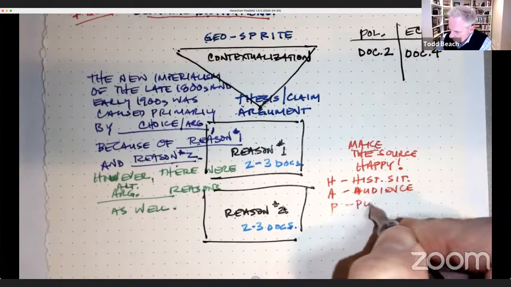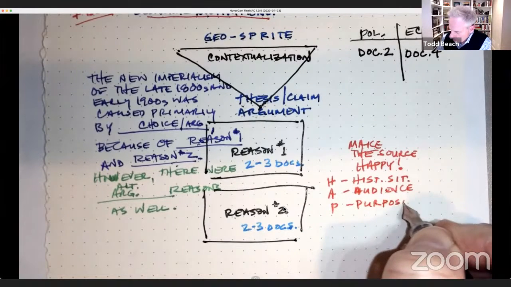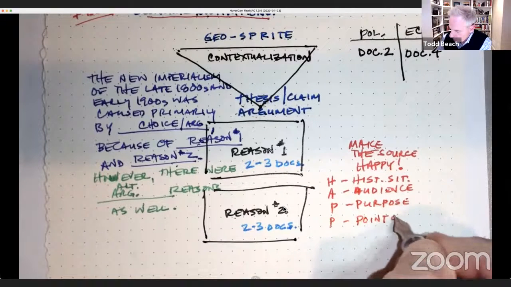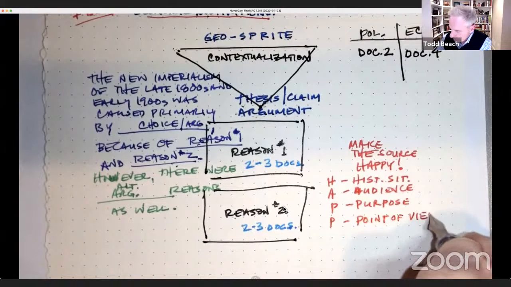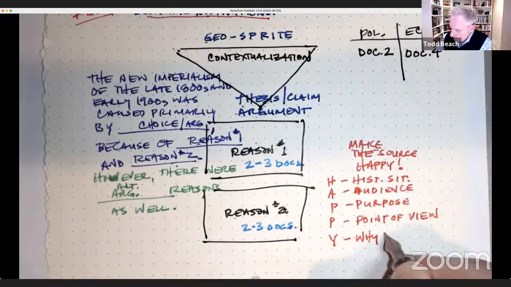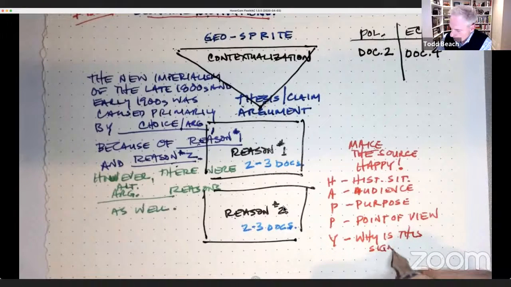P is purpose. And the other P is point of view. And the Y is why is this significant or important? Significant.